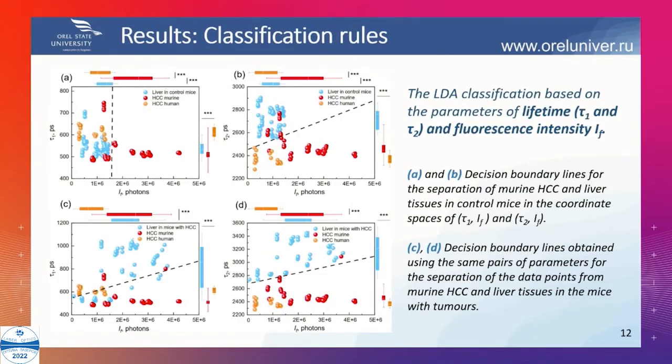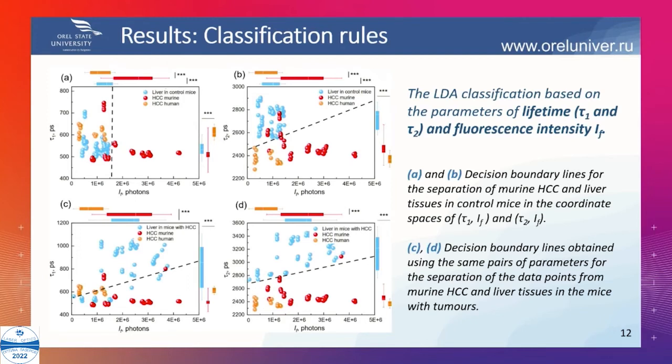To figure out the linear discriminant analysis parameters, the data measured in the study's animals were used. The data measured in humans were not used for the calculation of the discriminant functions, but were compared with the data measured in the murine model.